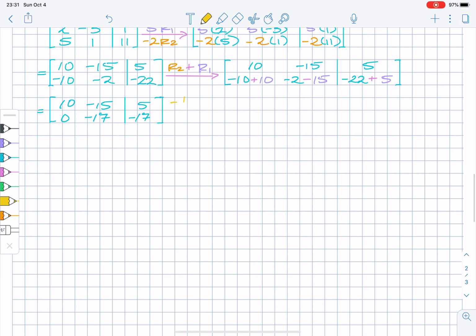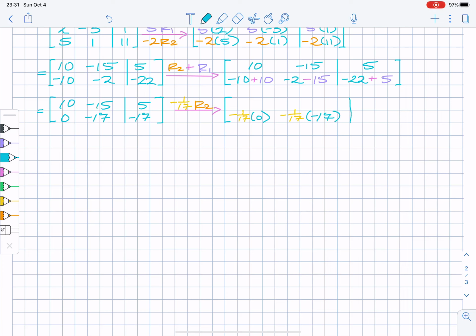So negative 1/17 row 2. That means I'm going to multiply each entry in row 2 by negative 1/17. So I'll have negative 1/17 times 0. I'll have negative 1/17 times negative 17.